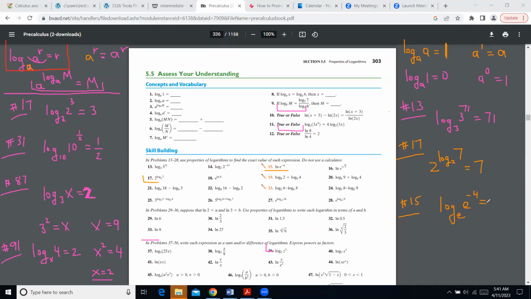Please notice that the base of the logarithm and the base of that exponent are the same. So they cancel each other out, and we just have -4 right away. So it's not that bad, right? These exercises actually are pretty straightforward.